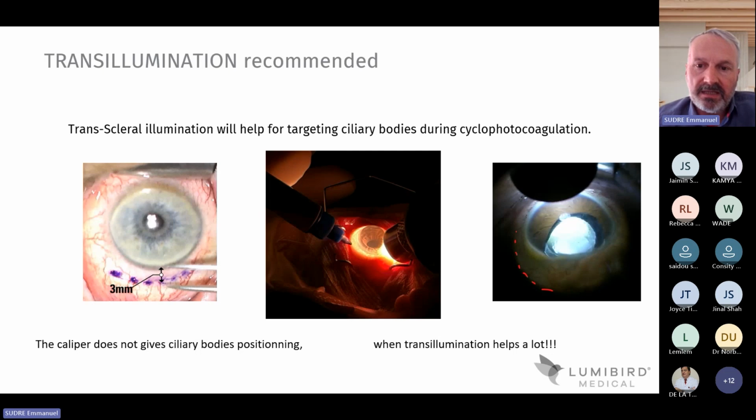So in this case, it's an option that we recommend to help you to identify clearly and then to treat correctly and follow strictly the anatomy of the patient, the anatomy of the ciliary bodies.